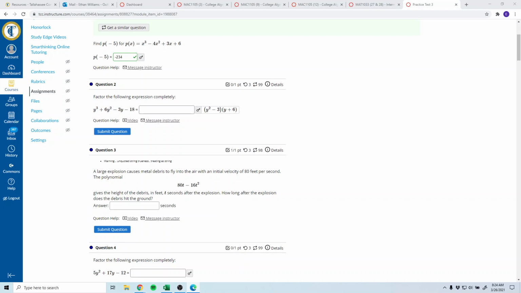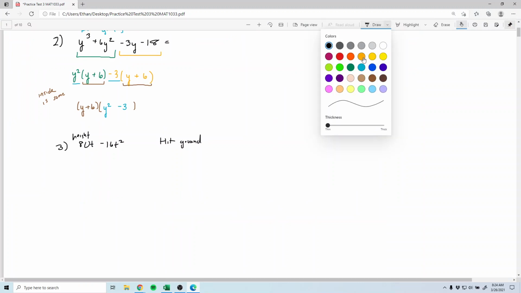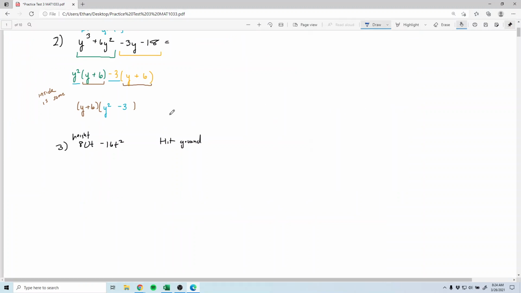Right. So really you just have to put a couple things together here, and it's not a bad problem at all. The equation we were given, the 80t minus 16t squared, that was the height.